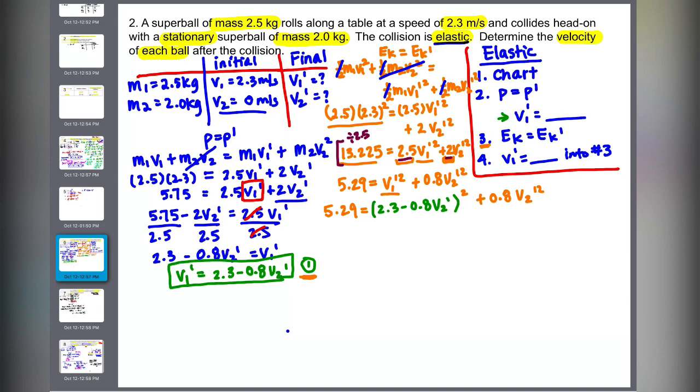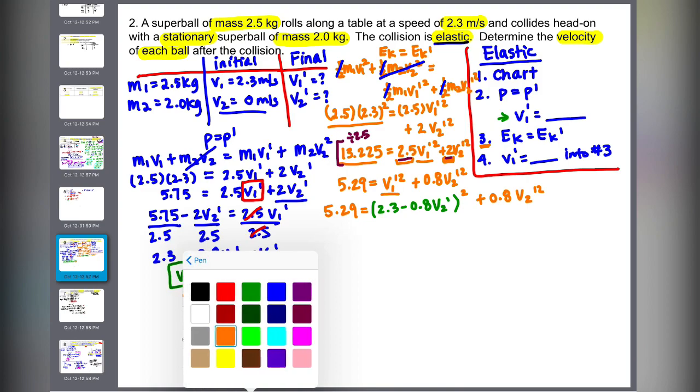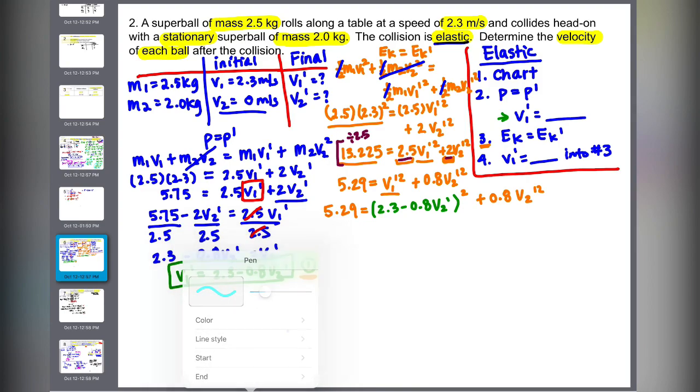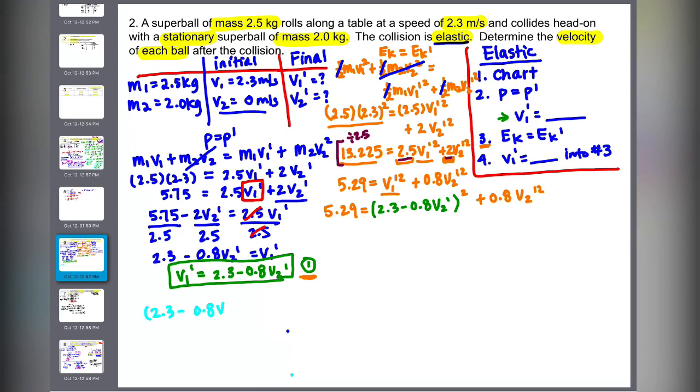Okay, expand it out. I'm just going to do the full work here. I just want to make sure we're still all good in terms of how to expand. So I'm just going to write 2.3 minus 0.8 v2 prime. We're squaring it. It's a binomial. FOIL. So 2.3 squared is 5.29. That's the front.